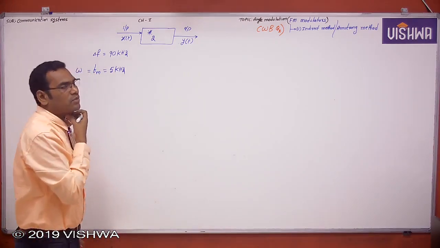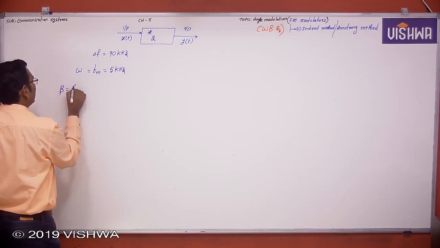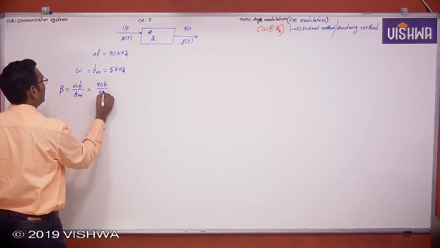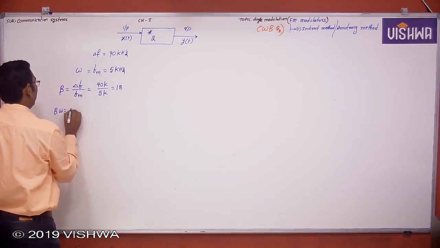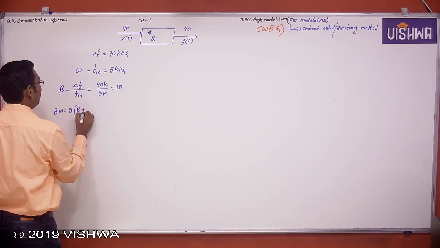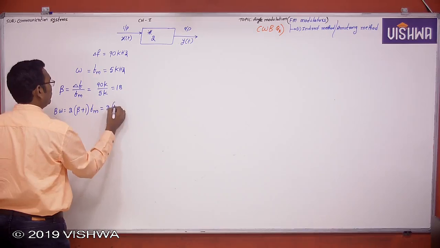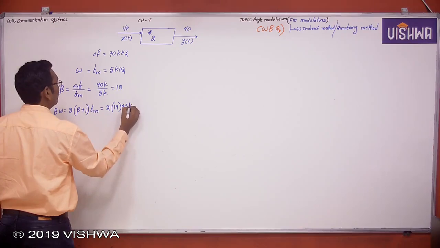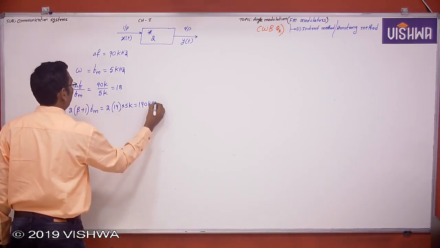Okay, and most of the students make a mistake. Most of them calculate modulation index equal to delta f by fm, which is 90 kilo by 5 kilo, equal to 18, and bandwidth of wideband FM equal to 2 into (18 plus 1), 19, into fm, 5 kilo, which is equal to 190 kilohertz as the bandwidth.